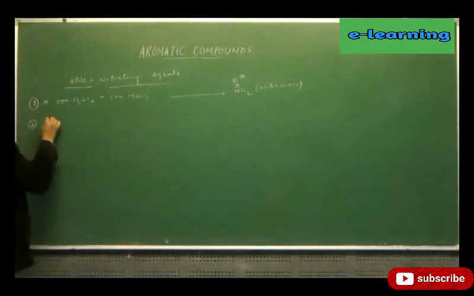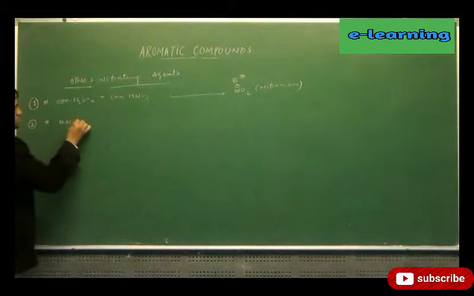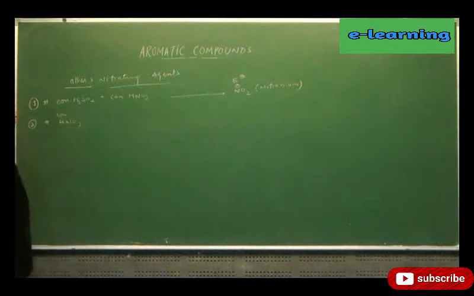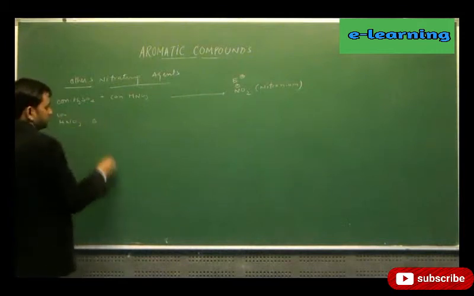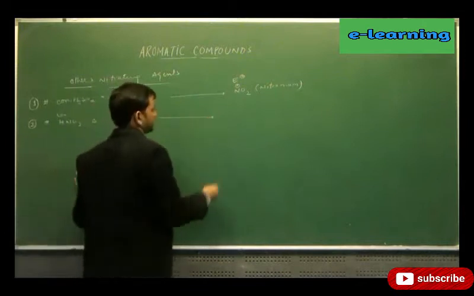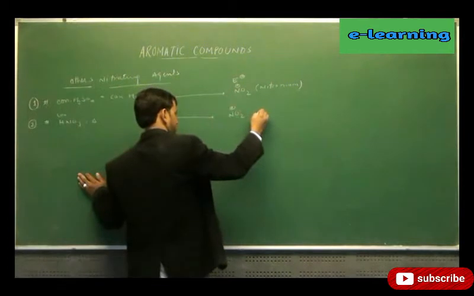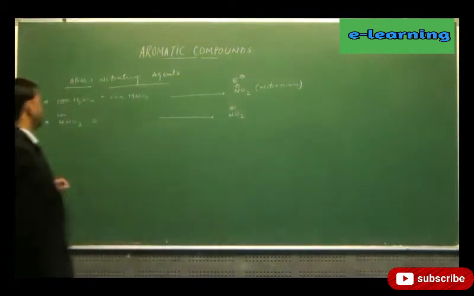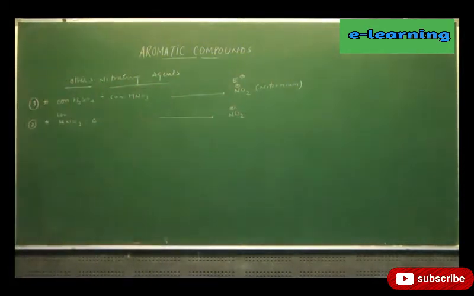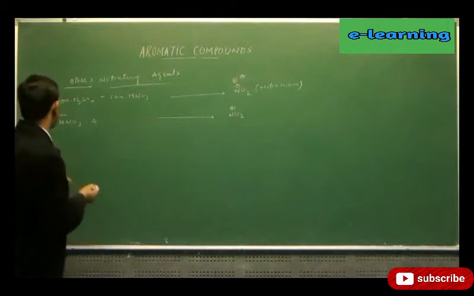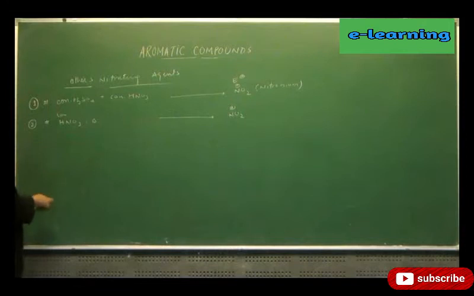We can also use concentrated HNO3, it also gives the nitronium as electrophile. In this case, one molecule gives a proton, another HNO3 accepts the proton. So we see how the nitronium is formed.